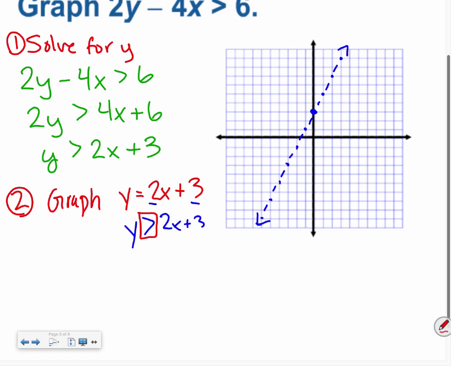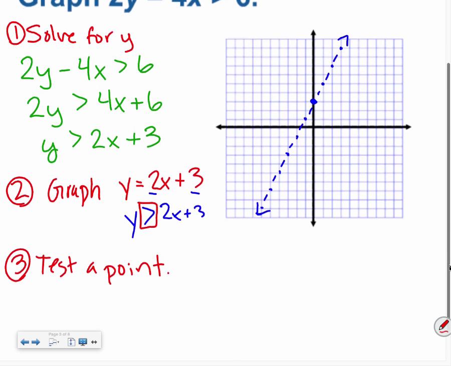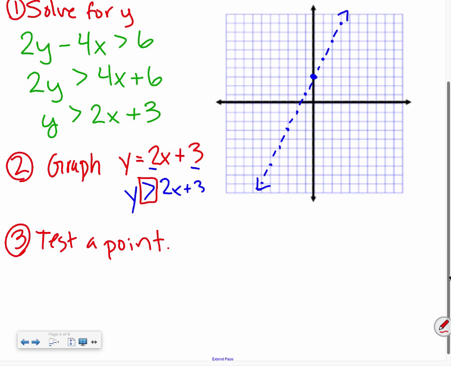Then step 3, you are going to test a point. You may wonder what this means, but if you have already looked at your book at all, you're going to see that we're going to be shading part of the graph. So when I say test a point, I mean you are going to select a point. I generally choose 0, 0 because that is an easy point to do calculations with.